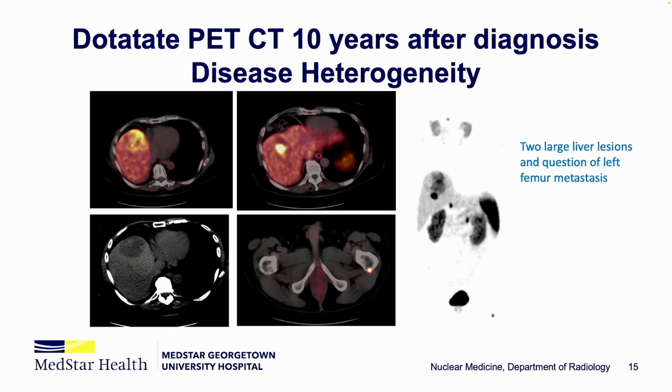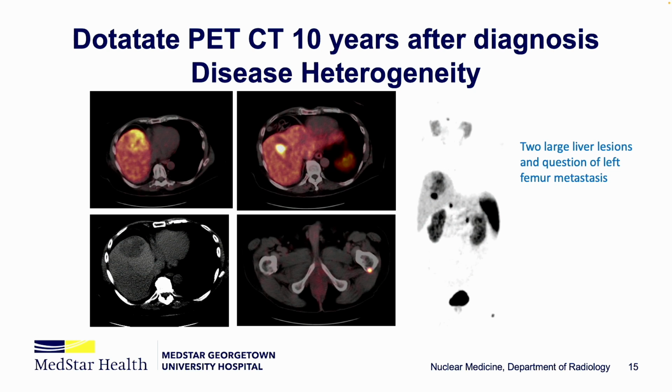This was a patient that had a diagnosis of a neuroendocrine tumor 10 years before, decided to follow up at a certain point, did a Dotatate PET CT, and you can see there are a number of lesions in the liver.